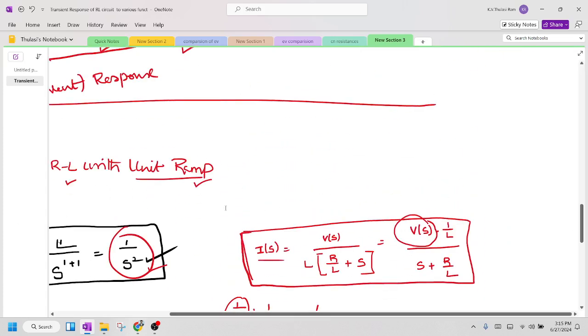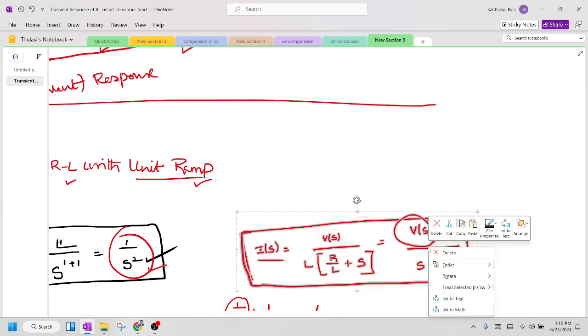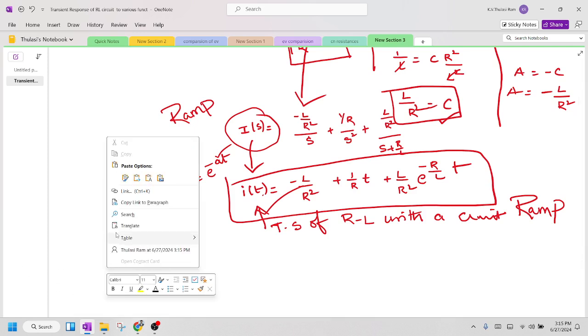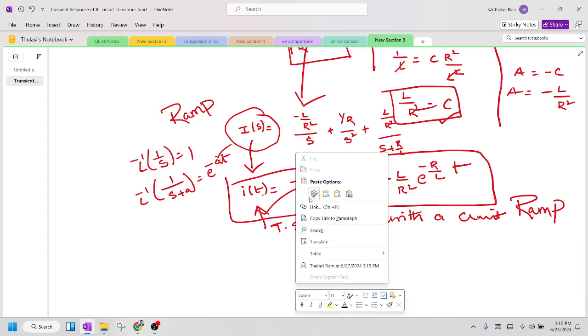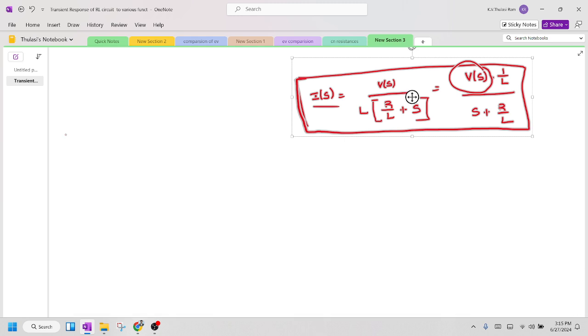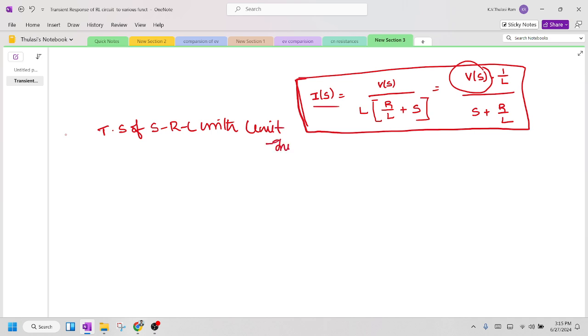Next, similarly, we want to find the transient response of a series RL circuit for a unit impulse. So we need to find the transient response of a series RL circuit with a unit impulse signal.